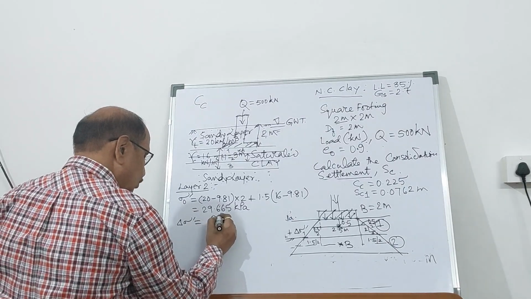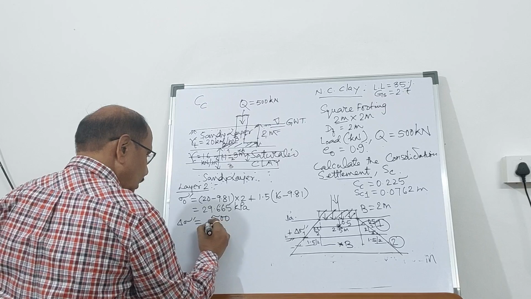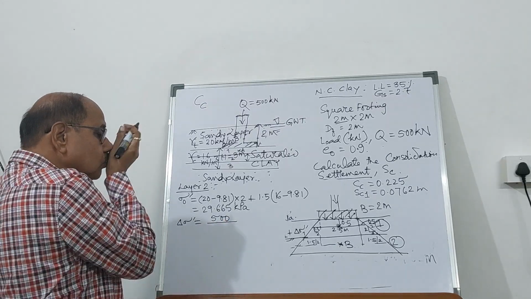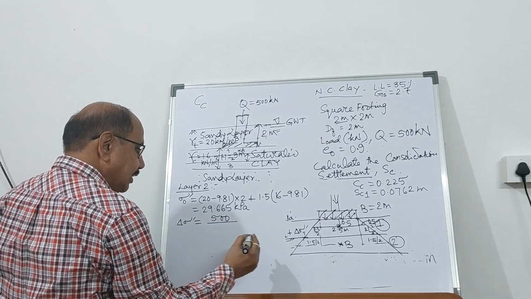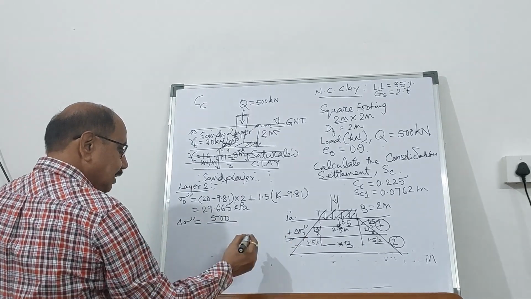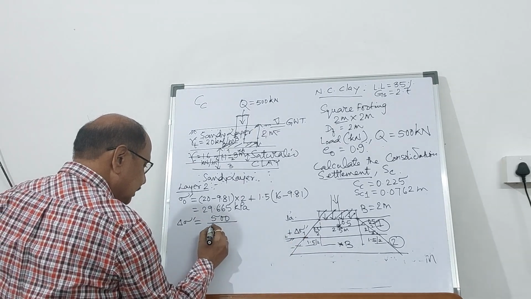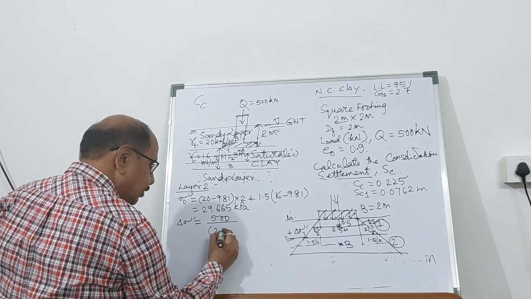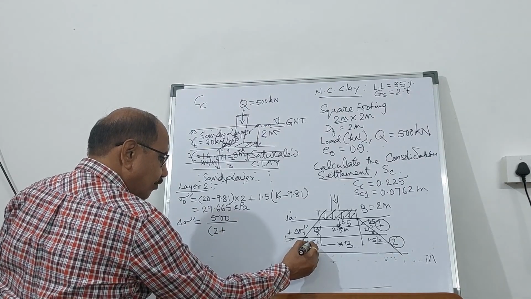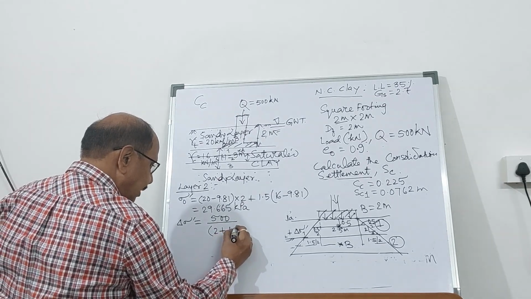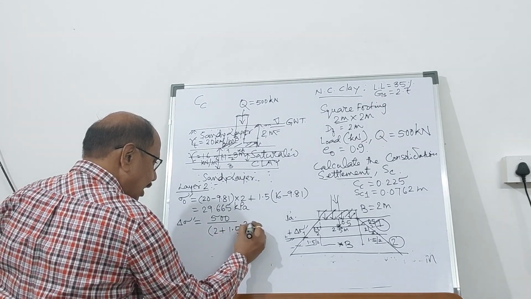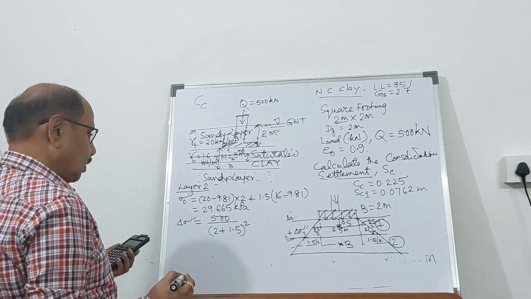The total load is 500 kilonewton, right? So 500 kilonewton divided by what is the area now? The area is 2 meter width of the footing plus 1.5 by 2 plus 1.5 by 2, it becomes 3.5 meter. Whole square will be the area.